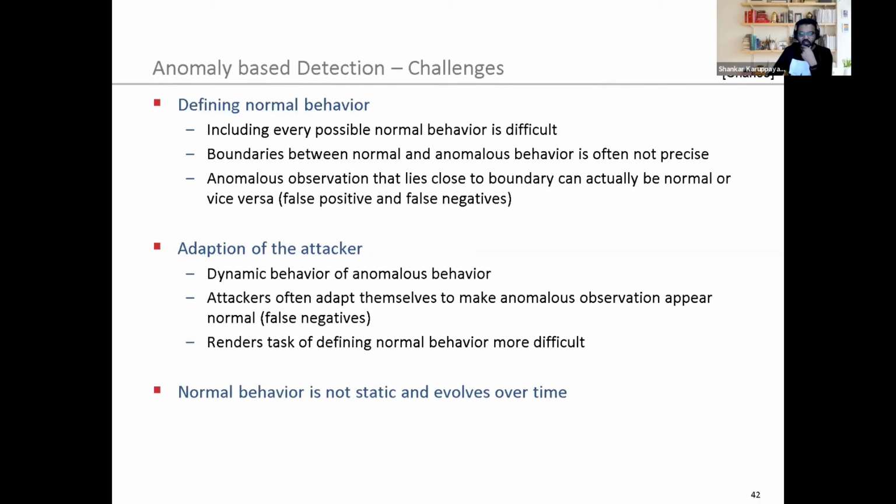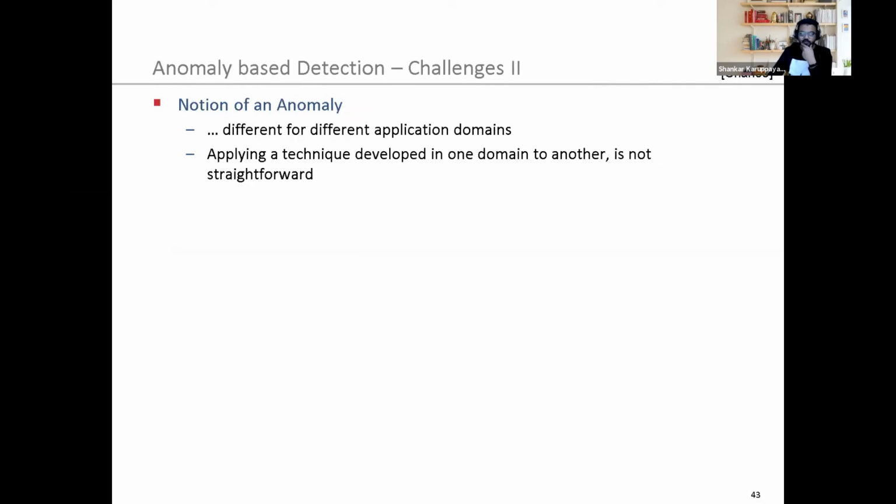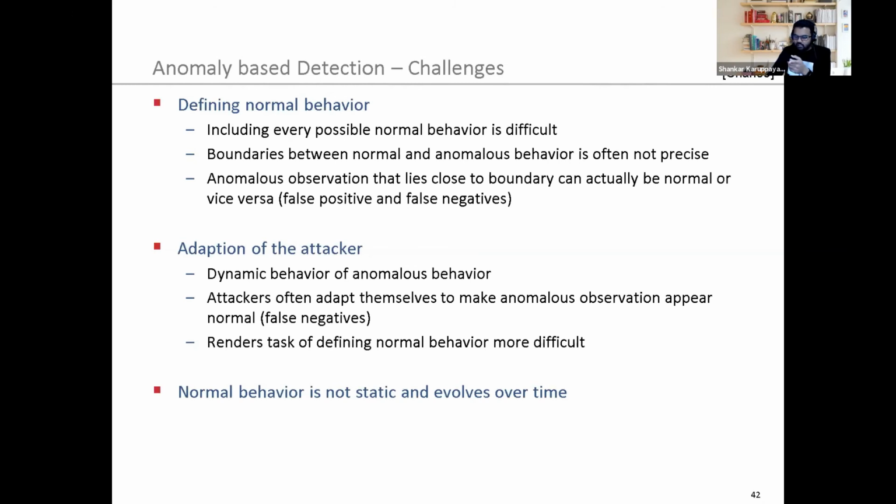As I mentioned, normal behavior is not static and it evolves over time, and you need to keep updating. Otherwise, you will have a lot of false positives as well. This may answer the question from the person who asked about false positives, but I need to know what IDS system you are talking about. Are you talking about a signature-based system, or anomaly-based systems?